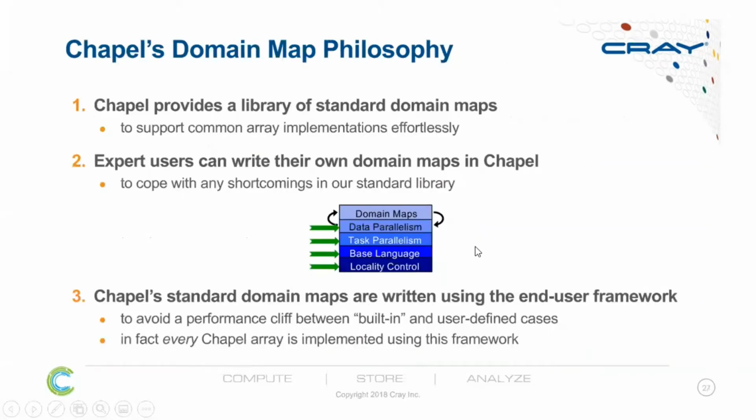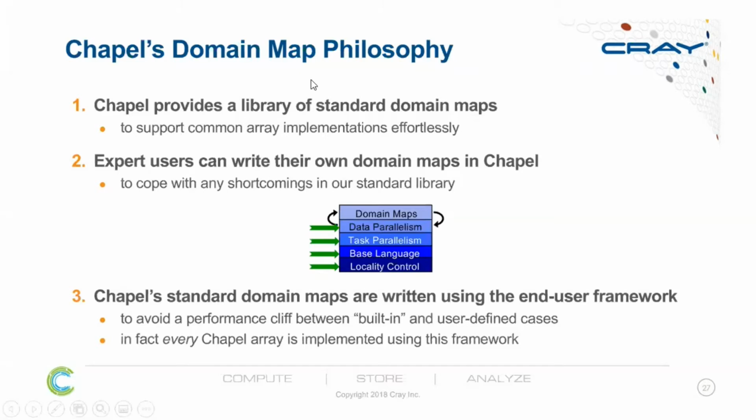And then Chapel's domain map philosophy here is that Chapel provides a library of standard domain maps, a bunch of them, to support common array implementations effortlessly. And then the user can write their own.